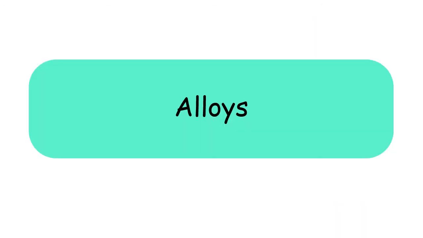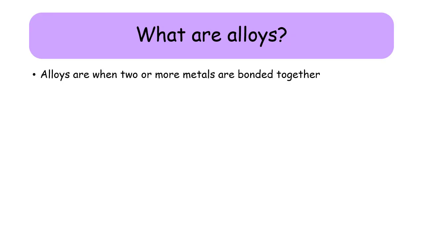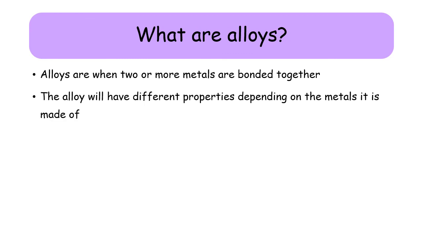Now the final topic we've got are alloys. And alloys are made from metals. So alloys are when we have two or more metals bonded together to make a new type of metal. And the alloy will have different properties depending on the metals that it's made out of.